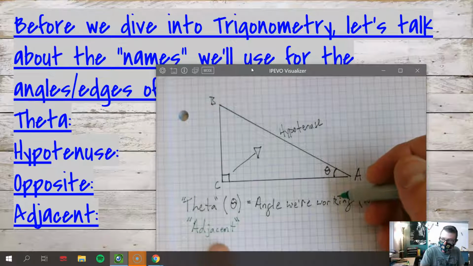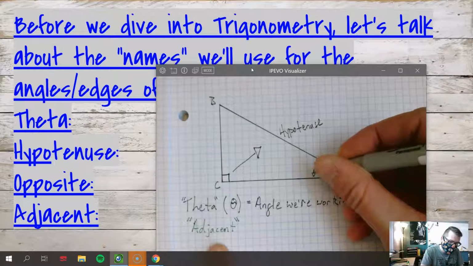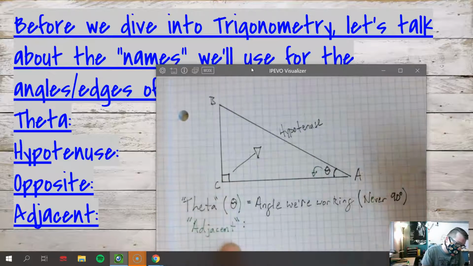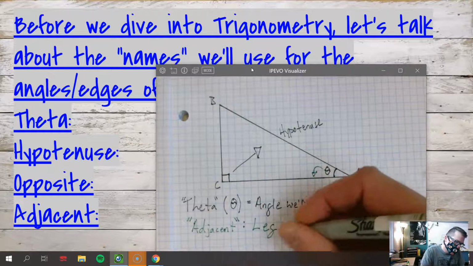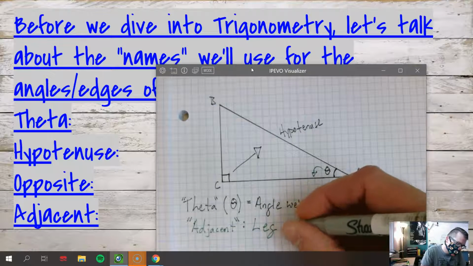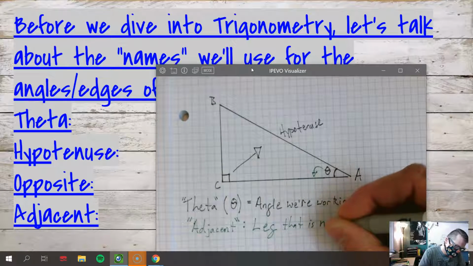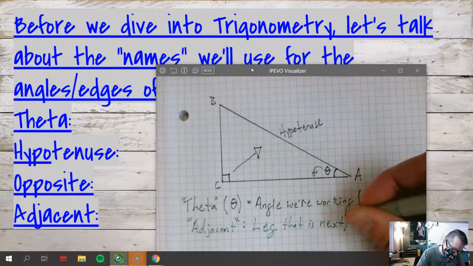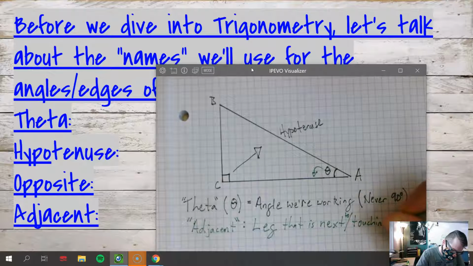So to be adjacent, we look at our theta and we say, what leg is next to and touching? So remember, it's not the hypotenuse, so the leg that is next to and touching. Sorry, I should have put next to, forgot that word. Next to and touching theta.